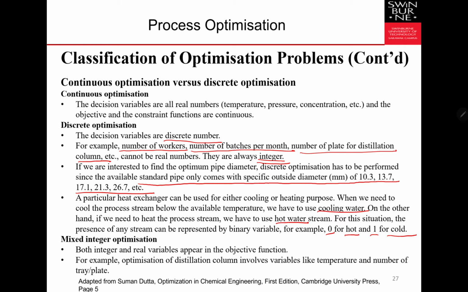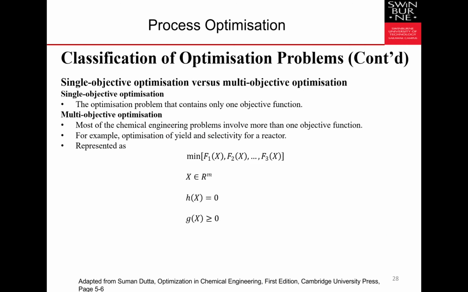Mixed integer optimization is basically a mixture of continuous optimization and discrete optimization, where both integer and real variables may appear in the objective function. An example that represents this is the optimization of a distillation column that involves temperature and the number of trays or plates.